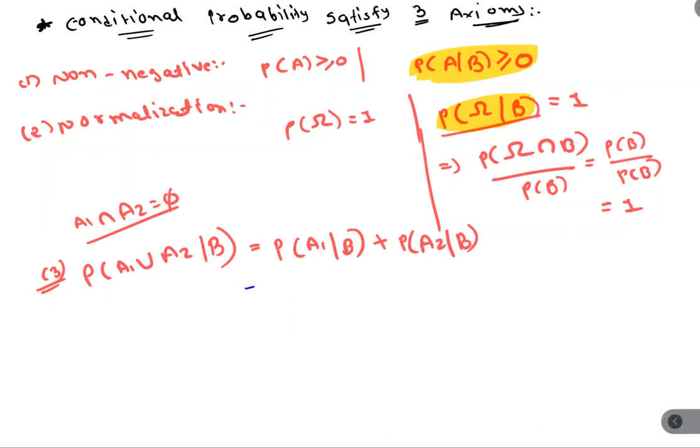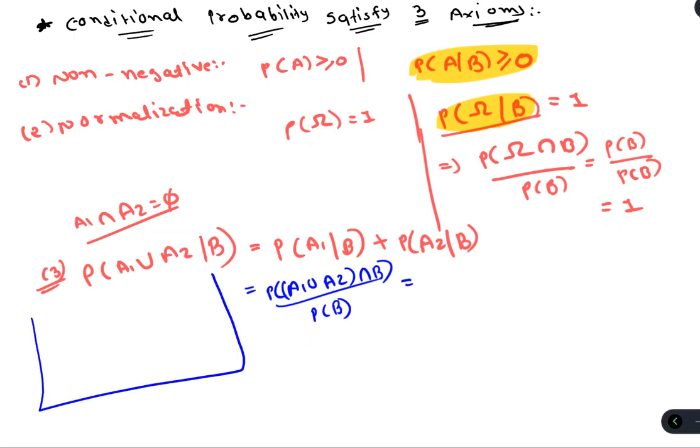If we expand this, what do we get? We get the probability of A1 union A2 intersection B upon P of B. Let me explain using a Venn diagram.